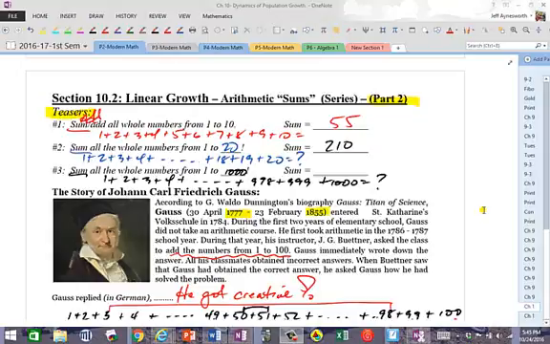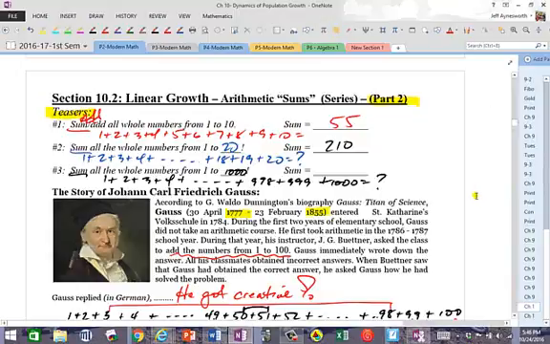This is Mr. Ainsworth, and we're going to get into the second half of this video on linear growth of arithmetic sums, which are series. You take an arithmetic sequence and you add up all the terms, and what do you get? Well, I first started talking about Gauss, and I told you about the Gauss story and how he solved what is a complex problem for a fourth or fifth grader.